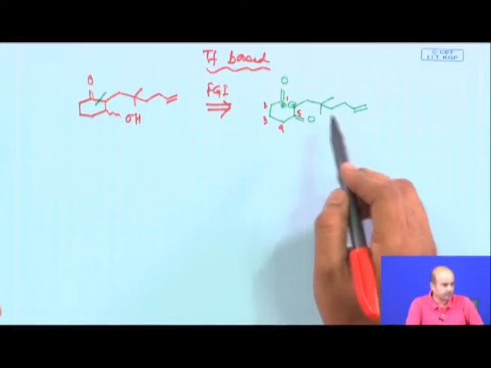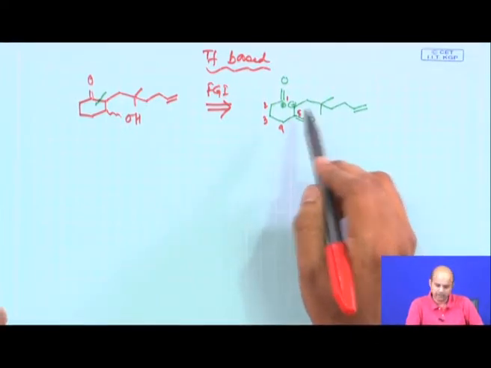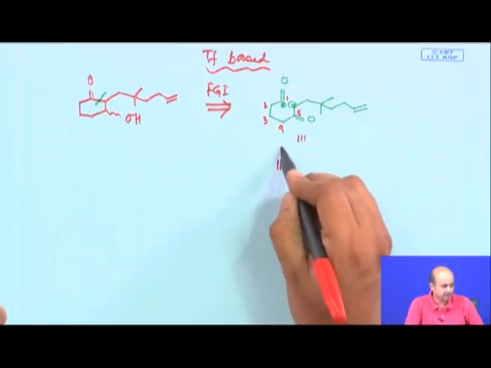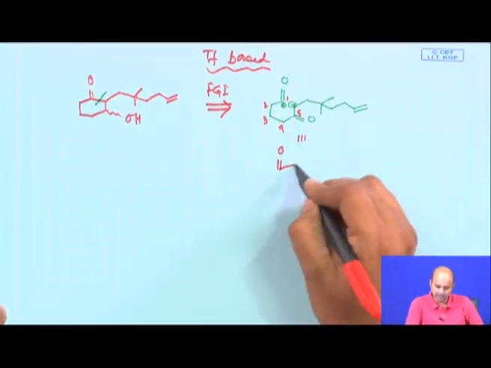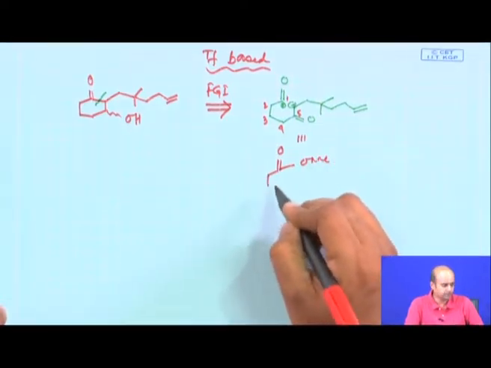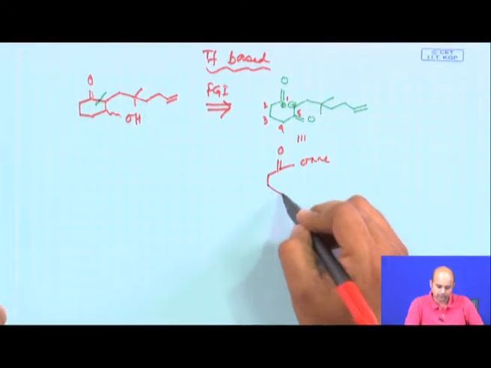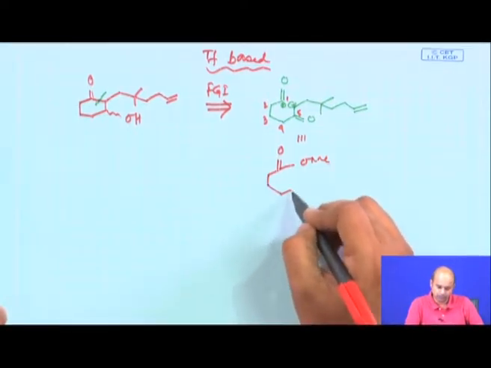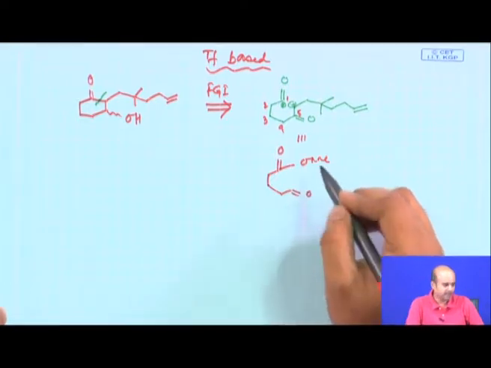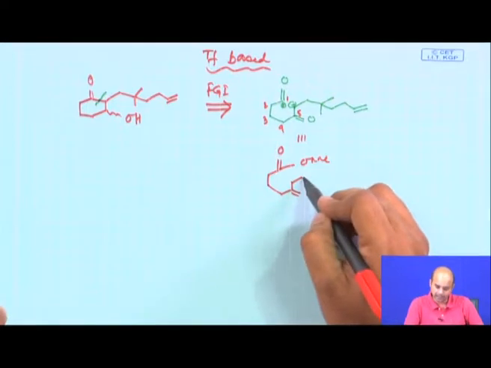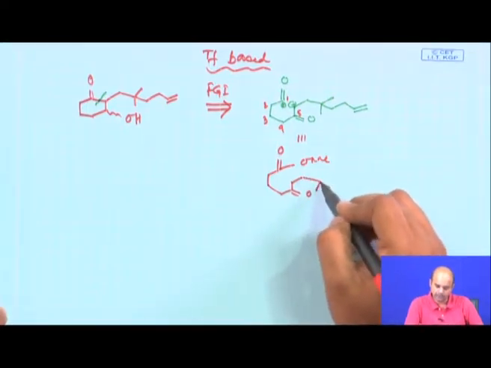If you look closely, this transformation is basically a Dieckmann type of reaction, or more precisely a Dieckmann condensation. So, 1, 2, 3, 4, 5, and then we put the entire alkyl group as it is.